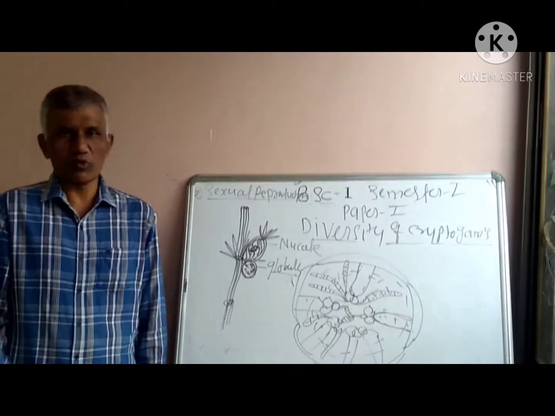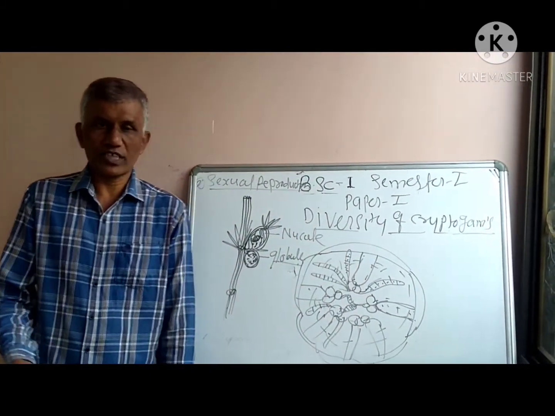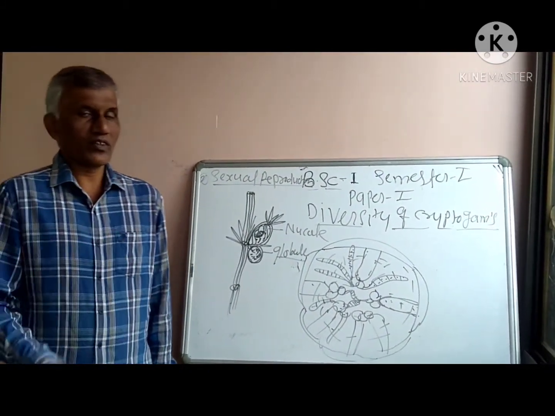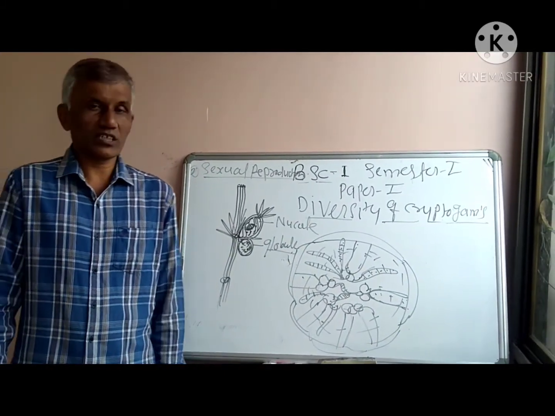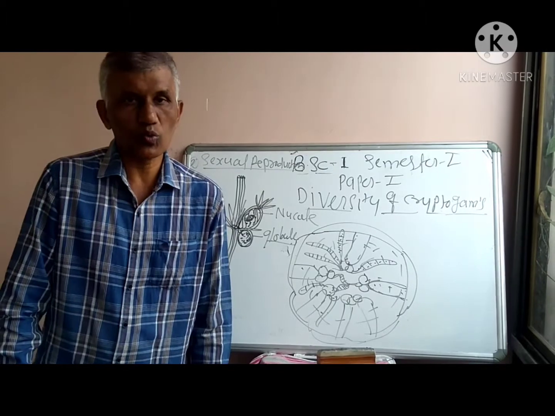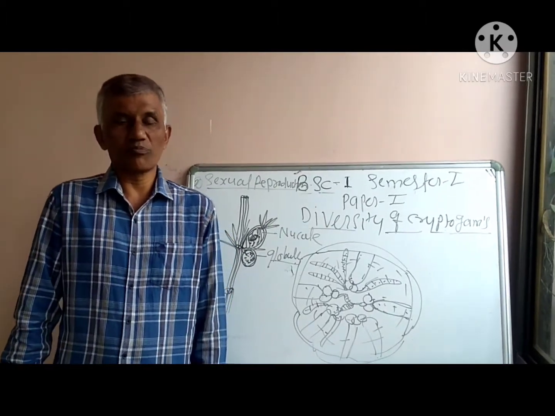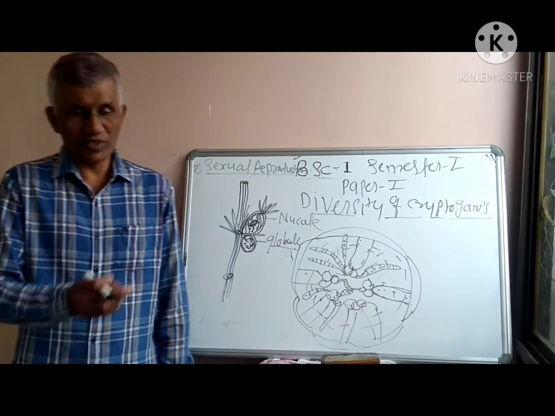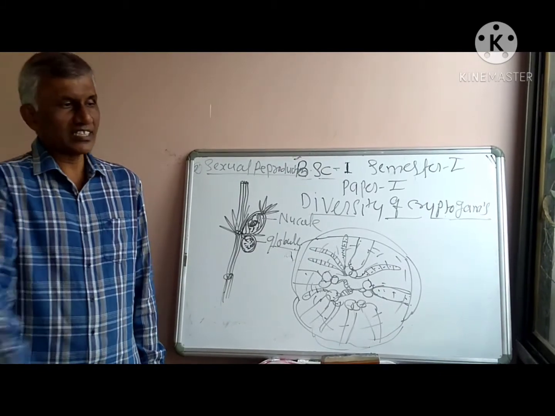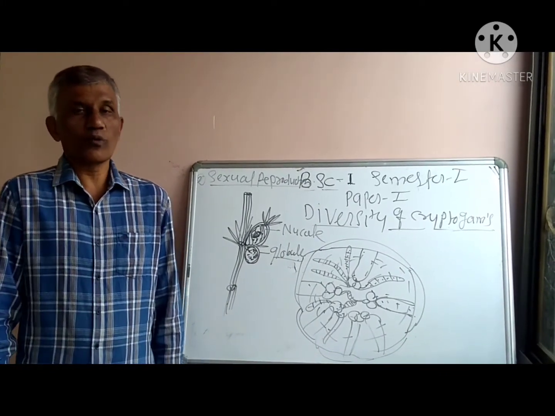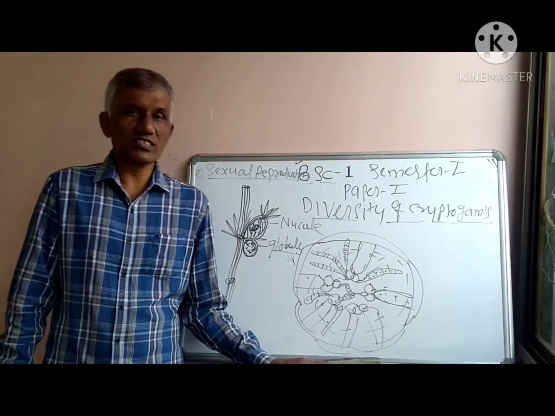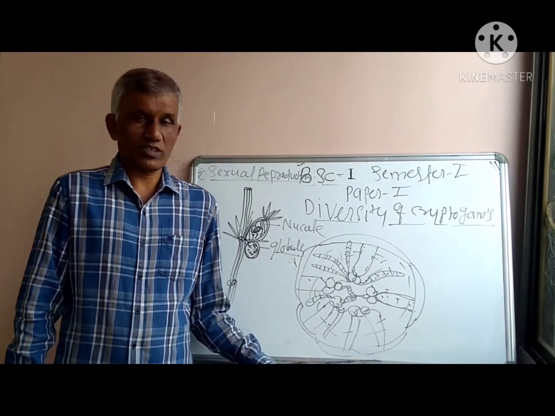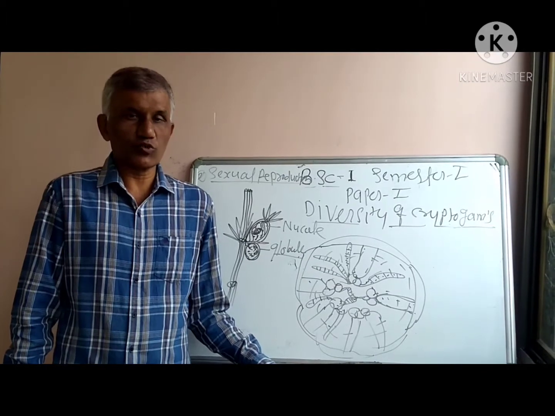Any part of the plant body, for example leaf, stem, root, or certain outgrowths which come on older, parental plants, from that outgrowth again there is a formation of a new organism or new plant, so then it is called the vegetative method of reproduction.